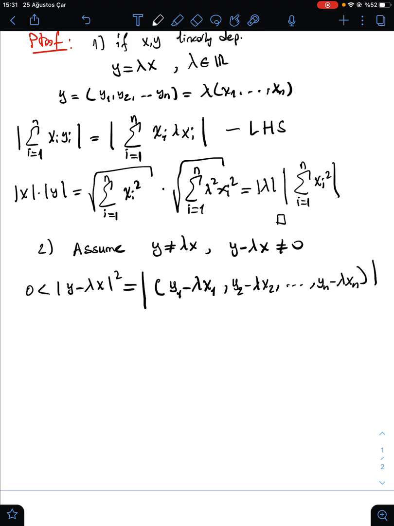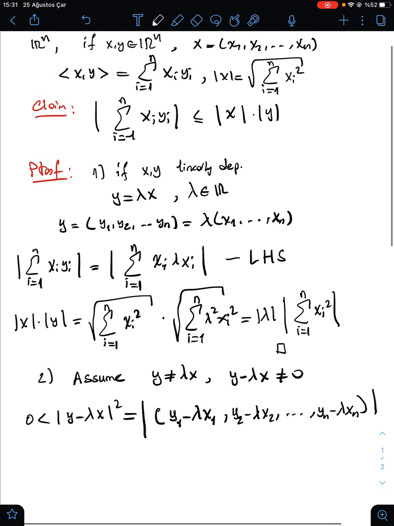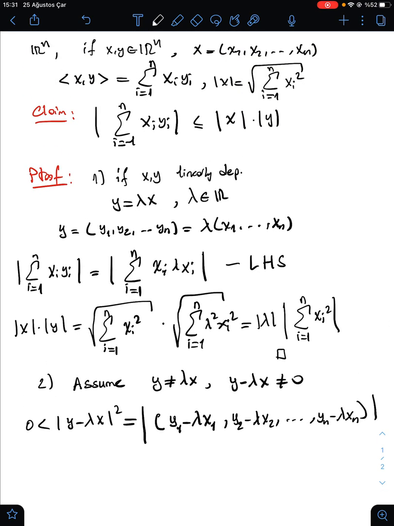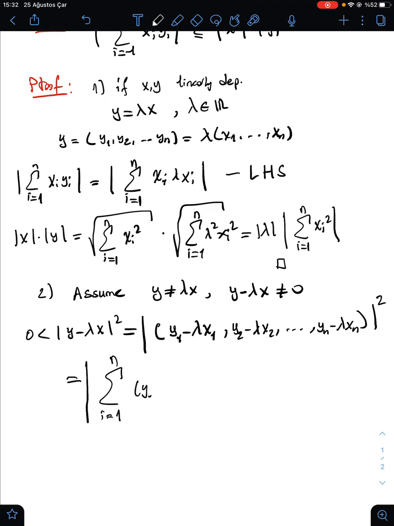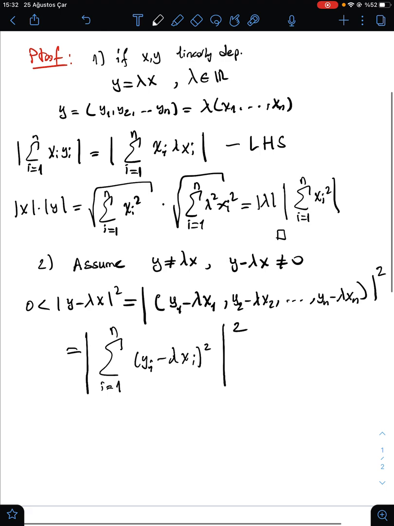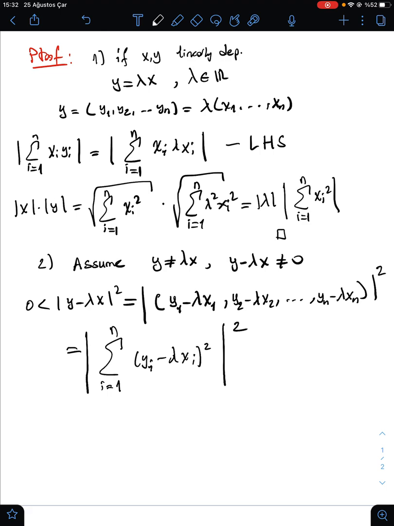So how do you write this in terms of the inner product definition? We have the square root there, the sum from i equals 1 of yi minus lambda xi squared. We have the absolute value and then the square root, squared.